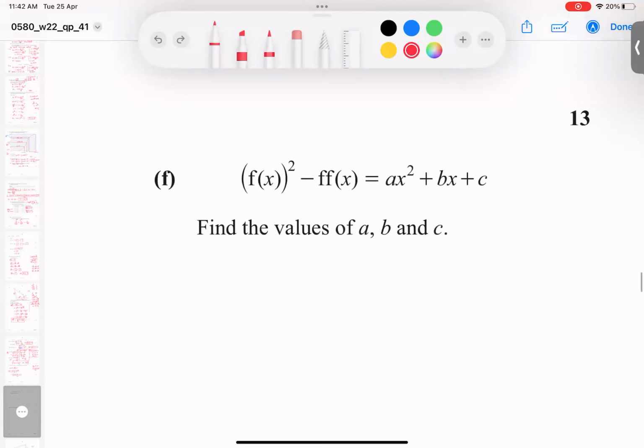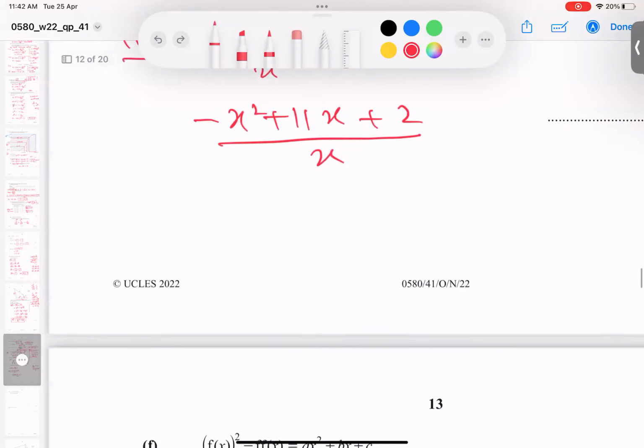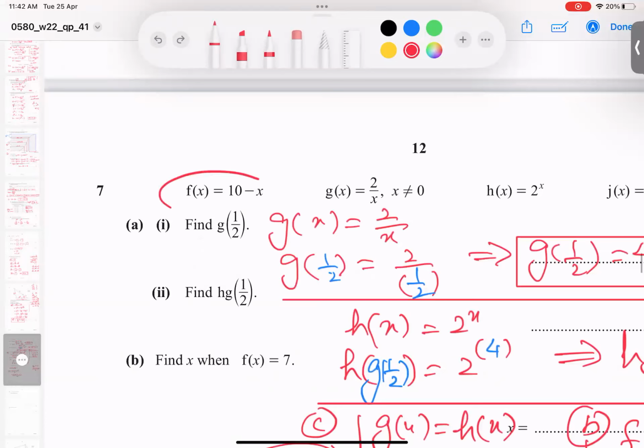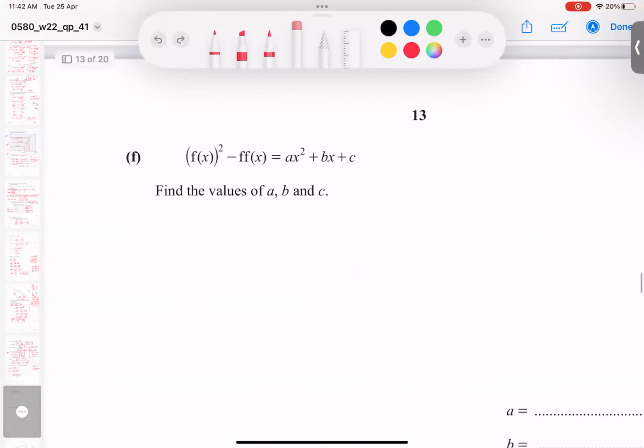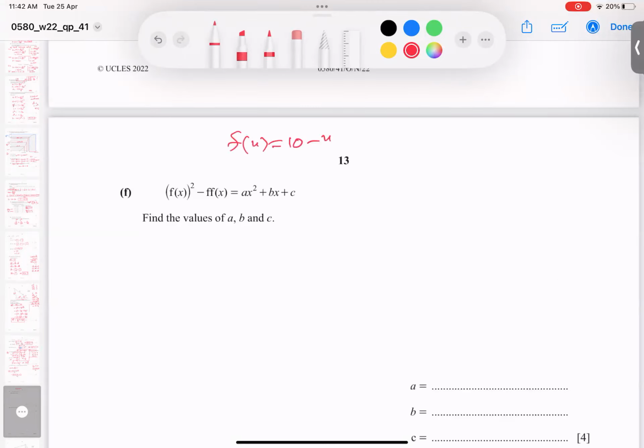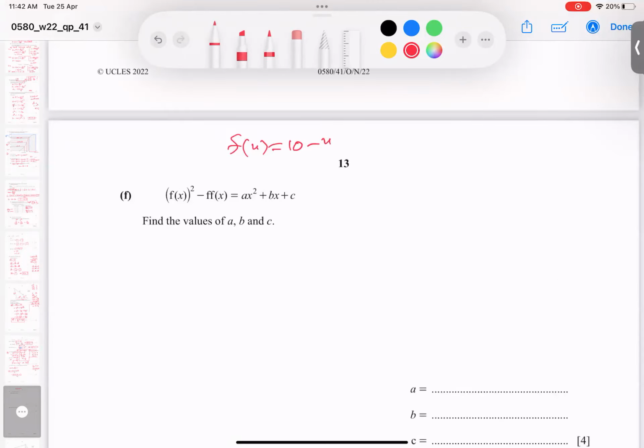Okay, so let's start. First of all, I'll copy f(x). How much? f(x), you know it very well: 10 minus x. I will do it step by step, students.